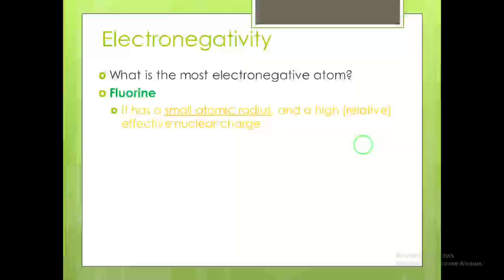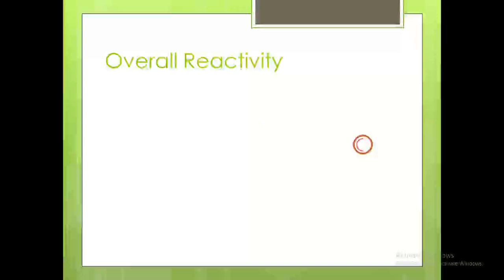So 7 electrons with 7 protons means a very high electromagnetic attraction, which results in a very high nuclear charge. And remember, the screening effect is also negligible because it only has 2 shells. So the screening effect is negligible. That makes it the most electronegative element.